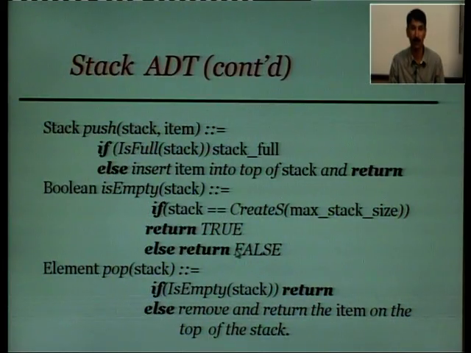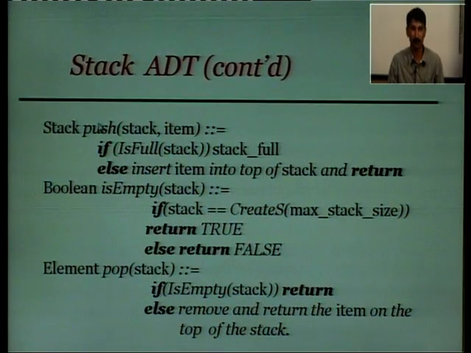But if it is false, of course, the pop operation can be done and it will return the topmost element of the stack. So, if it is empty, simply go back, no pop operation is possible, else remove and return the item on the top of the stack. If you have at least a single element, your topmost element will be returned, and that is the pop operation of the stack.